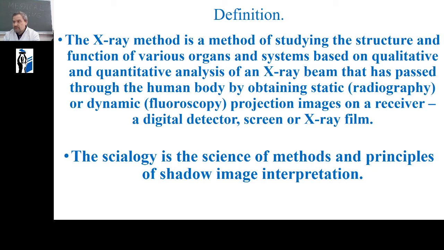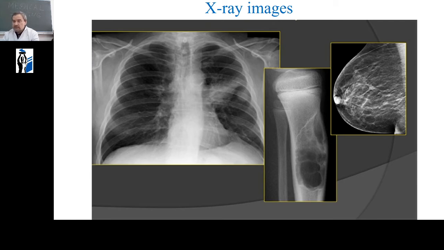Here are examples of X-ray images. Here are the organs where the X-ray method works perfectly. On the chest X-ray, we see inflammatory infiltration. Soft tissues do not differentiate very well, but against the background of air tissue, we see the pathology well.